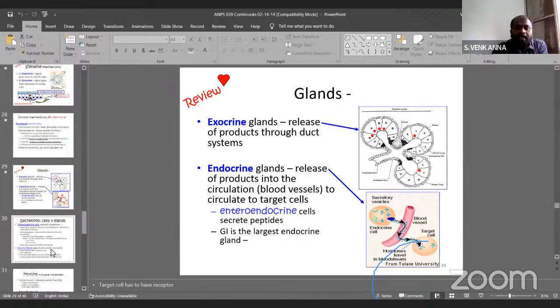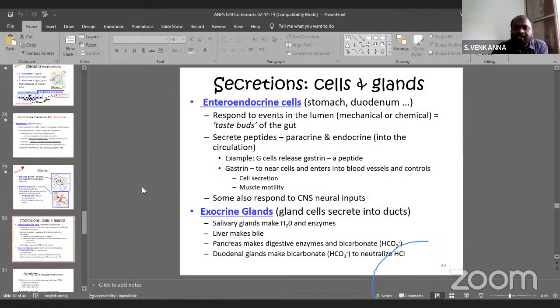Then next, let us see the secretion cells and glands. Enteroendocrine cells, like those in the stomach and duodenum. They secrete some types of acids.